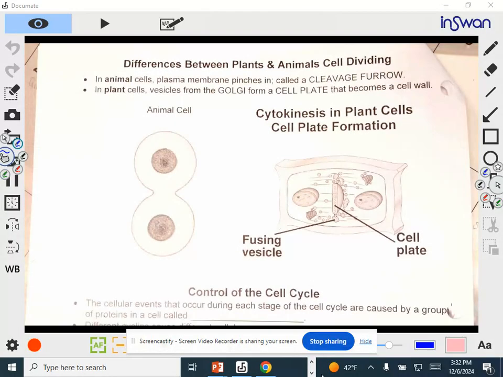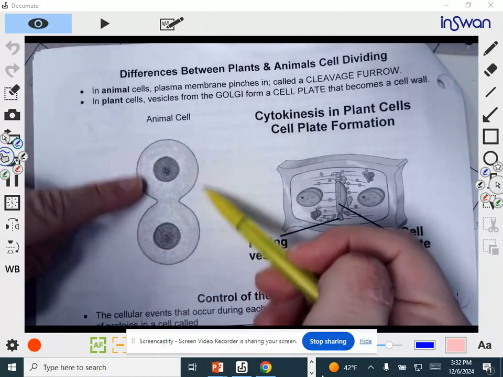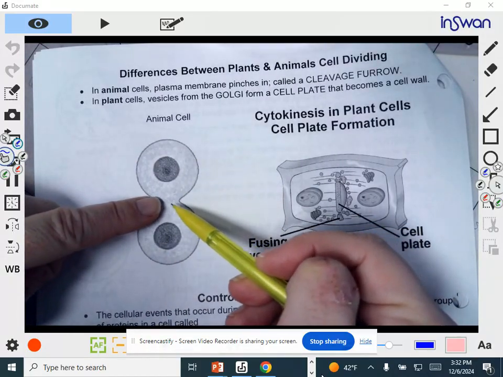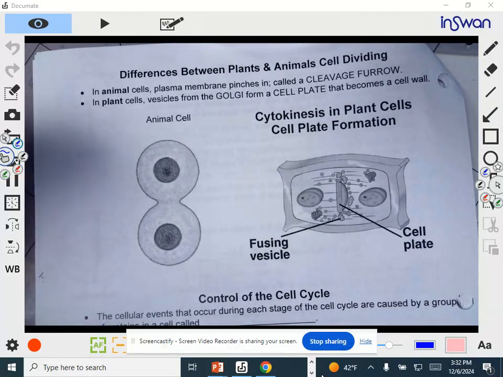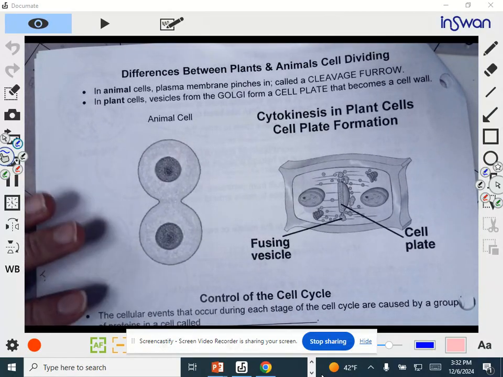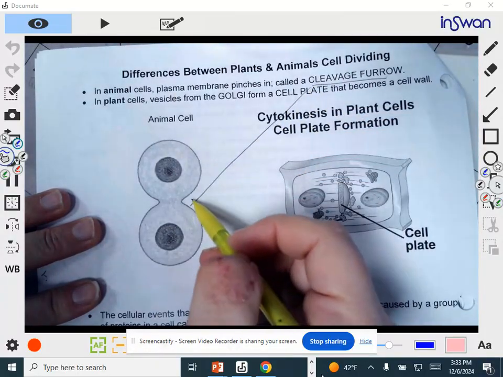As I mentioned, animal cells, the plasma membrane is going to be pulled in together, and then it'll meet, and eventually our two cells will be completely divided from each other. And that indent is called a cleavage furrow.